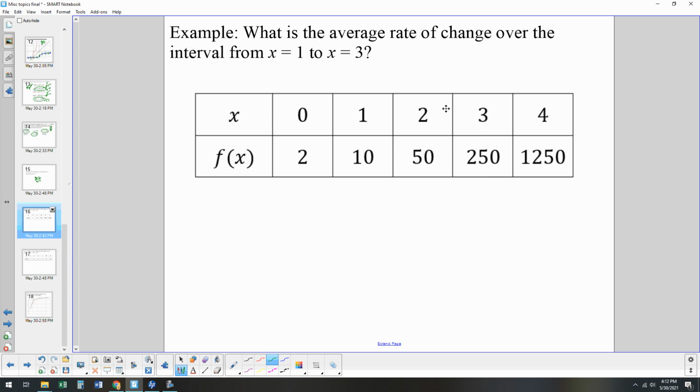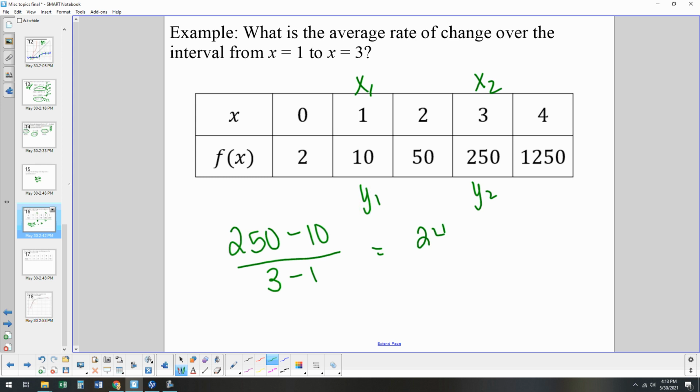So I'm looking at these 2 points. That's my x1, my x2, my y1, my y2. So I'm going to find the slope. Y2 minus y1 is 250 minus 10. X2 minus x1 is 3 minus 1. So that's 240 over 2, or 120. And that would be my average rate of change over that interval.